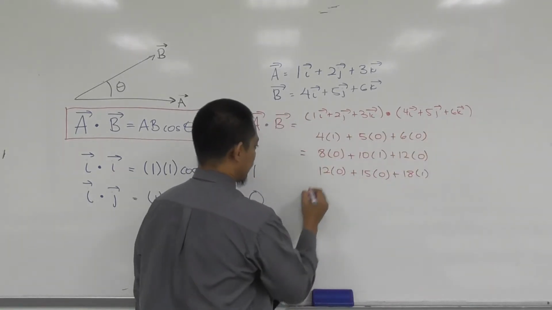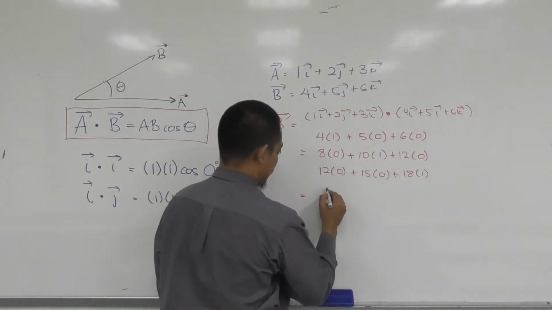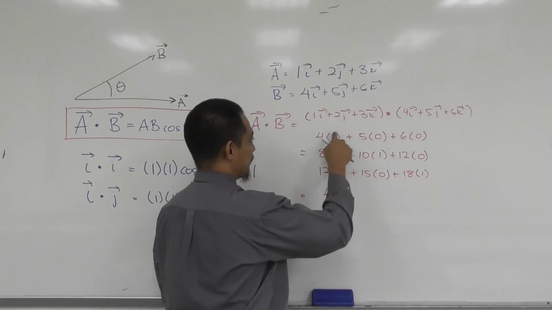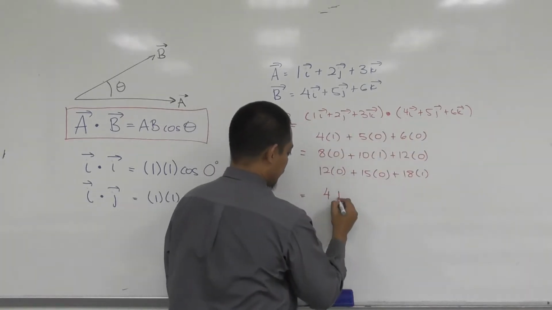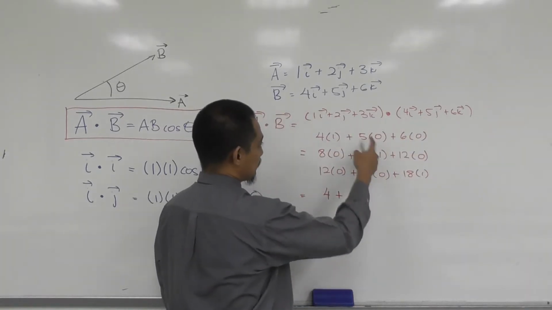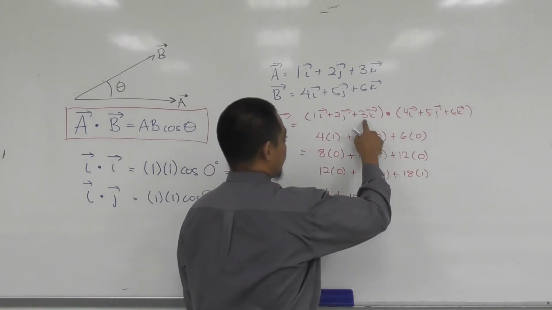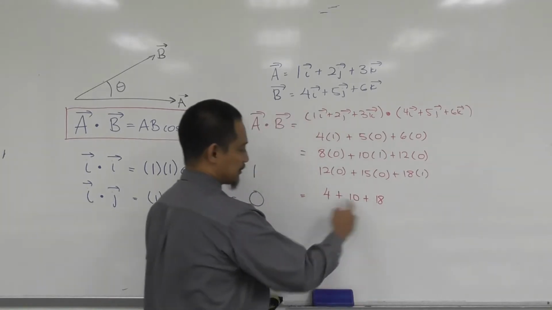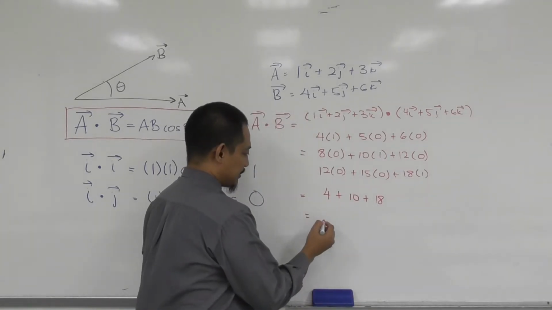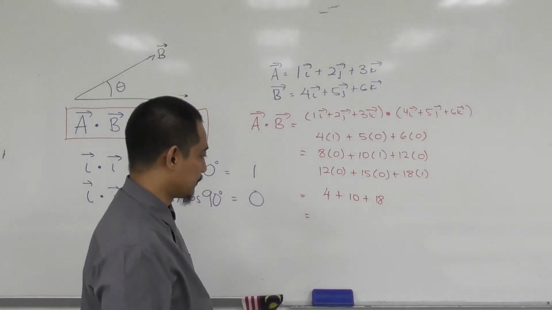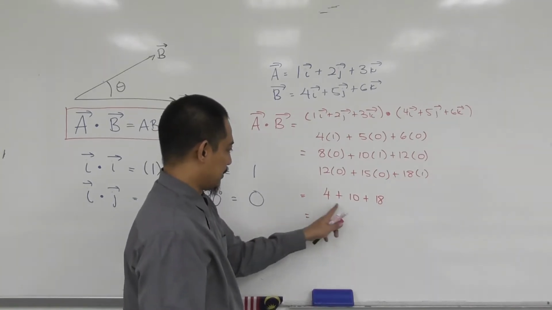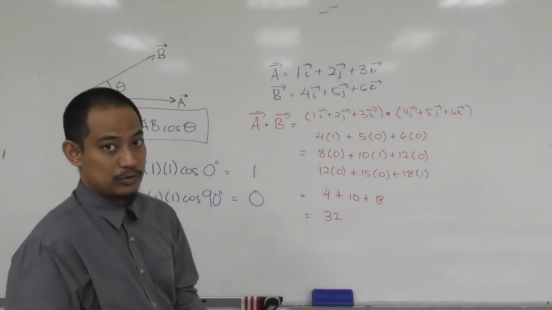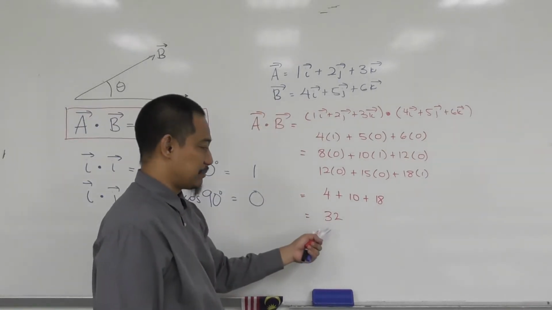So basically this and this becomes 4, because 4 times 1 is 4, right? 2 and 5 become 10, times 1 is just 10. 3 and 6 becomes 18, k and k is 1, so you get something like this. You notice that it just becomes a number, right? 4 plus 10 plus 18 is 32. So from two vectors it just becomes a number.